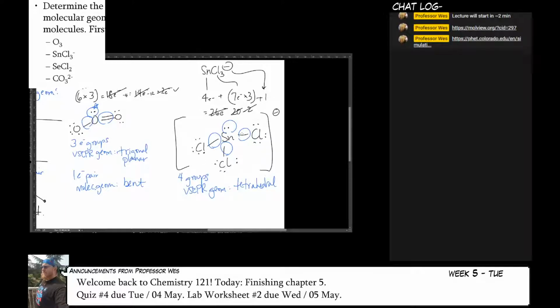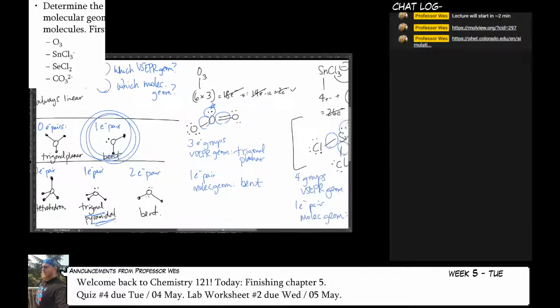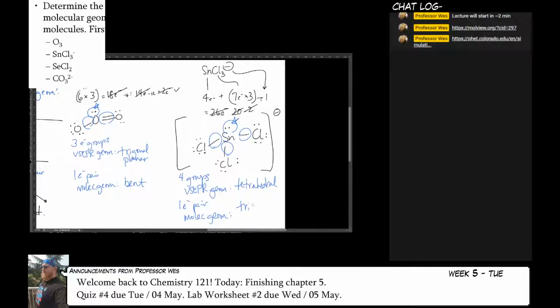Of those 4, how many are electron pairs? That's this one. 1 electron pair. So the molecular geometry, scroll over in 4 and 1, and that's this one. So this is trigonal pyramidal.